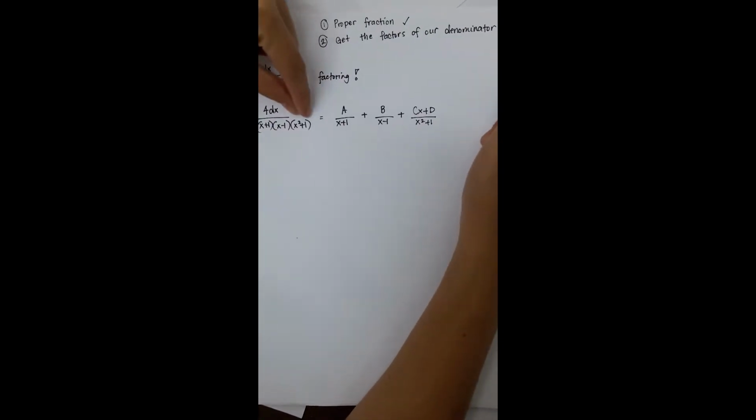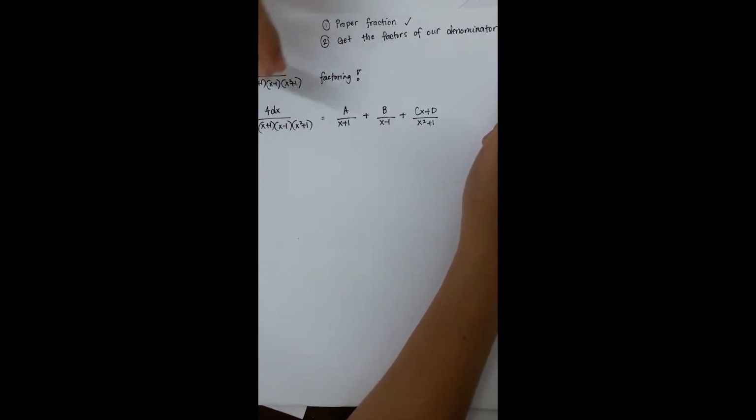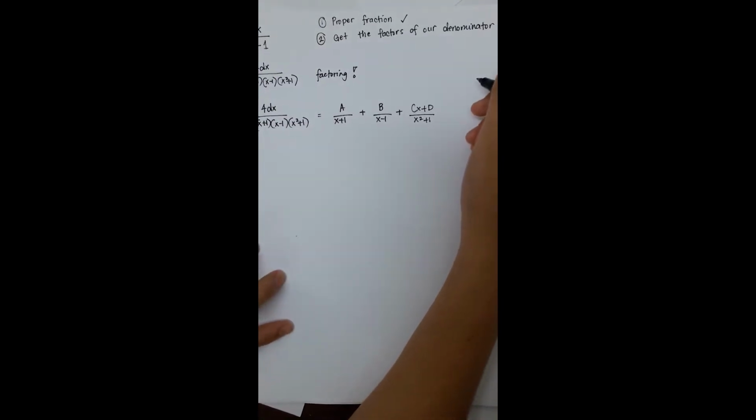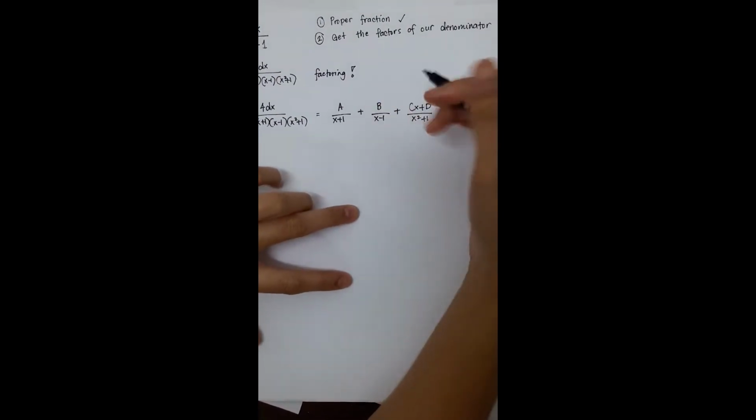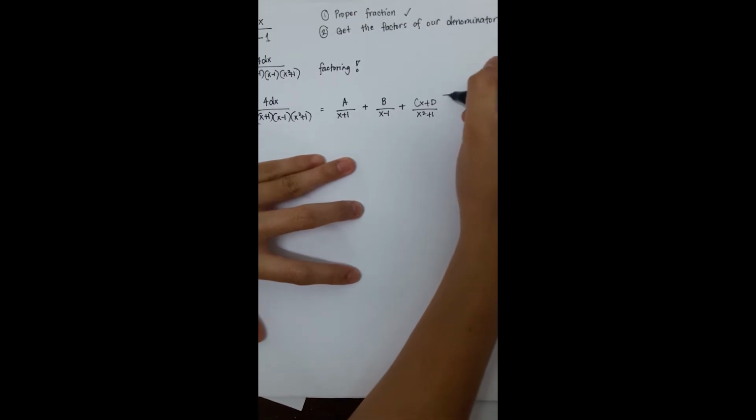Whenever we have a factor that is already in its simplest form, the partial fraction form must be Cx plus D.